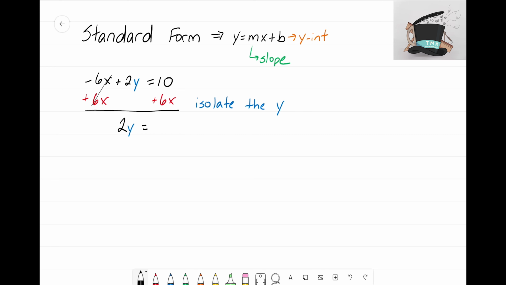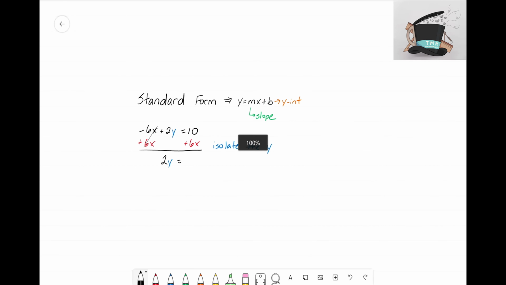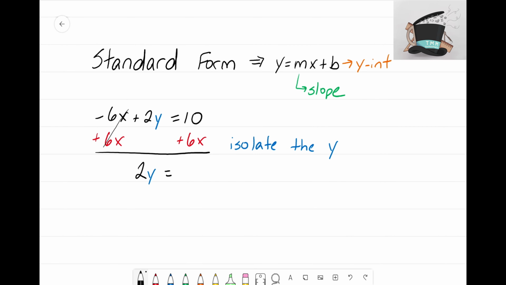Because they're different terms, all we can really do is write them out together. And so we can just write it out as 6x plus 10. Now if you wanted to, you could write it as 10 plus 6x, but again, I'm trying to get to mx plus b form, and normally we write the x term first. That's why I wrote my x term there first.